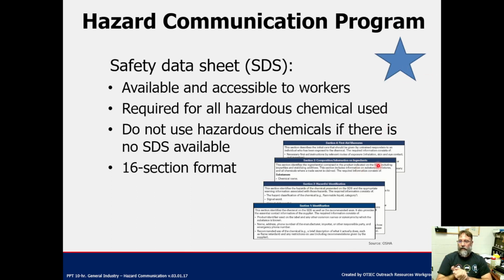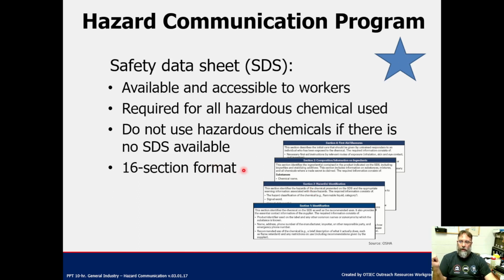So the SDS we saw here, available and accessible. It's hanging up in every single workplace I've ever been in. This, by law, is required to be put up, and it needs to be accessible. Workers can go over there and read about the chemicals that they're working with. 16 section format, we see here in the little star there.